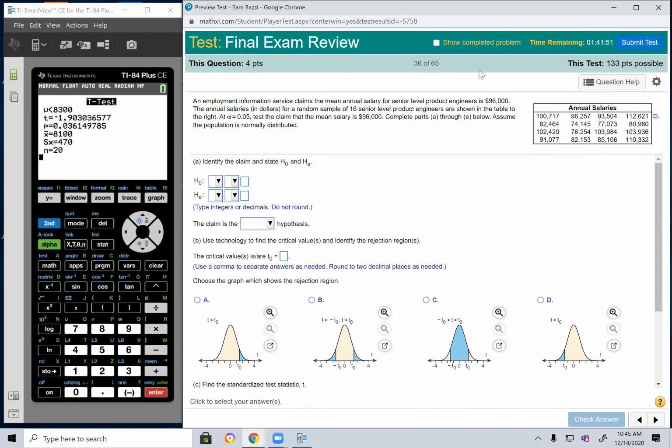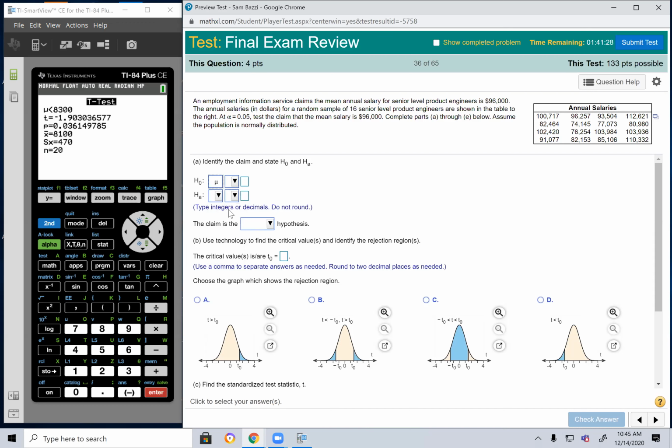Okay, the next one. Unemployment Information Services claim that the mean annual salary for senior level production engineers is $96,000. The annual salaries in dollars for a random sample of 16 seniors are shown in the table. At alpha equal 5%, test the claim that the mean salary is 96,000.